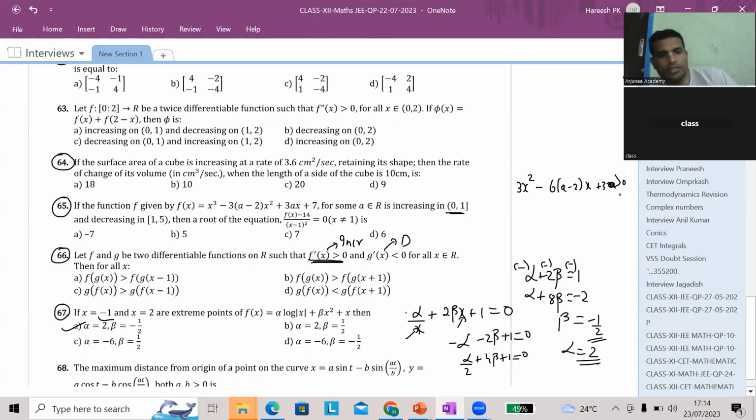and it is decreasing in 1 to 5. So between 1 to 5, it is decreasing. Yes. So at 1, how much do you think it should be? dy by dx should be 0, isn't it? So put x equal to 1, equate this to 0.